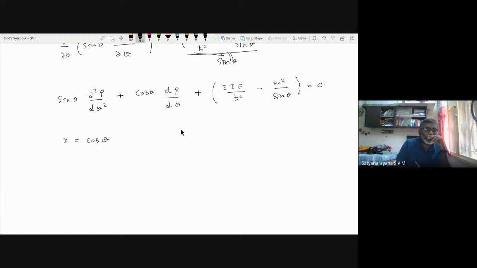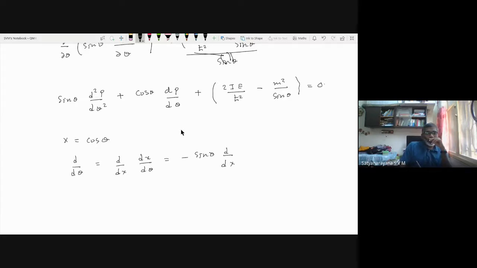If I take x is equal to cos theta, then I will have d by d theta equal to d by dx into dx by d theta. Dx by d theta is minus sine theta, so d by d theta is minus sine theta into d by dx, correct? Cos theta differentiation is minus sine theta. So that is this part.